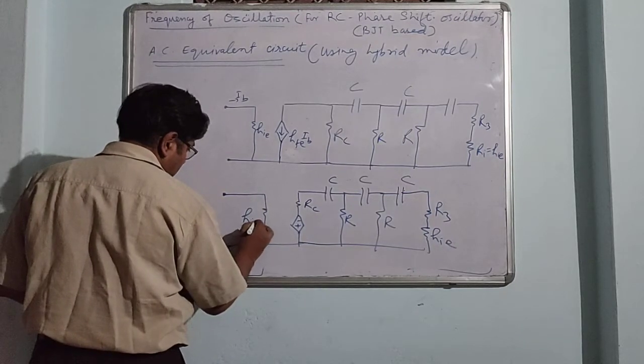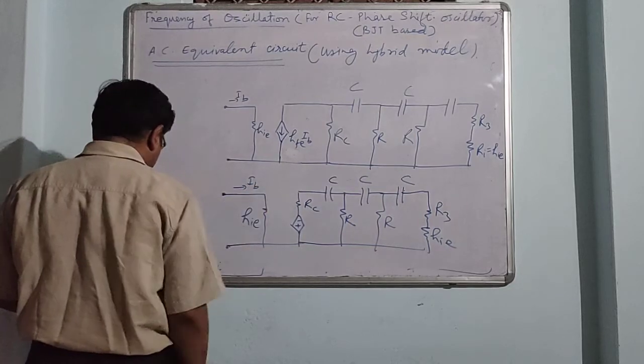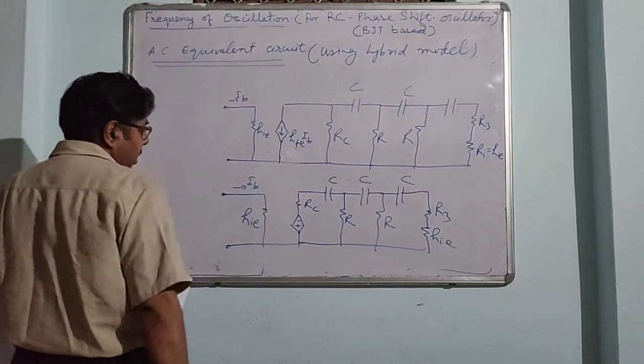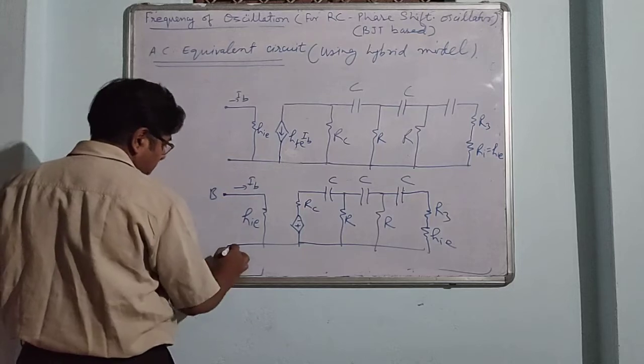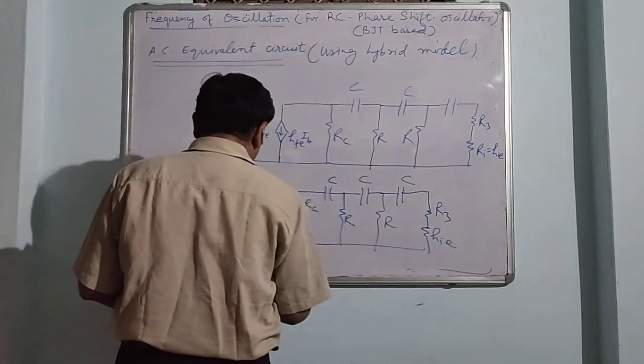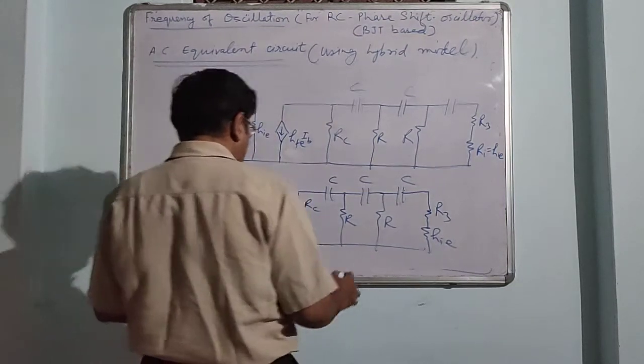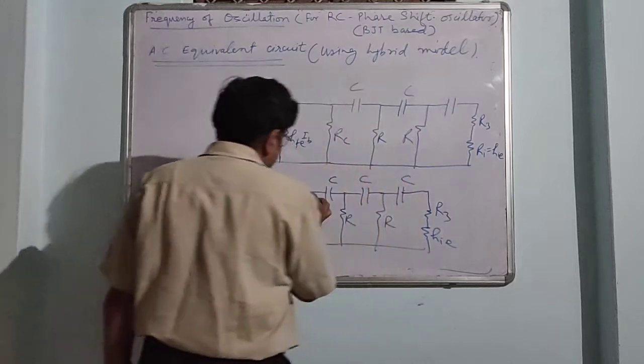Here we are using hie. Obviously this current is the input current, that is the base current. This is the base, this is the emitter, which is grounded. Obviously this is the collector.